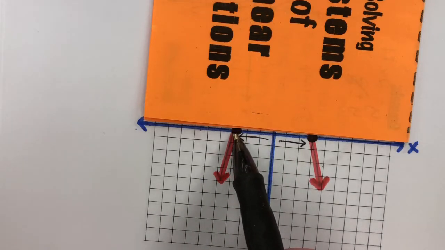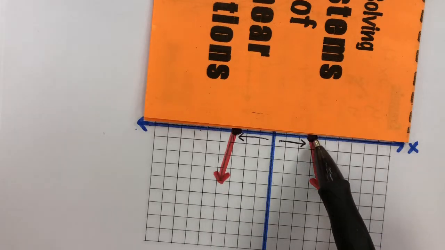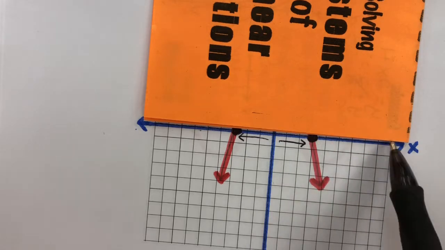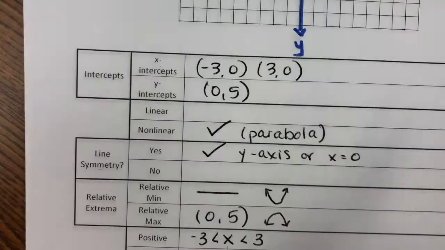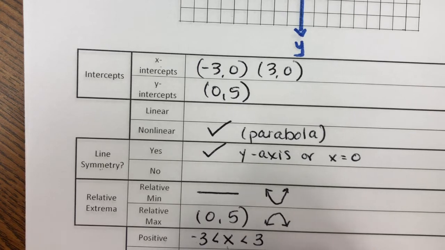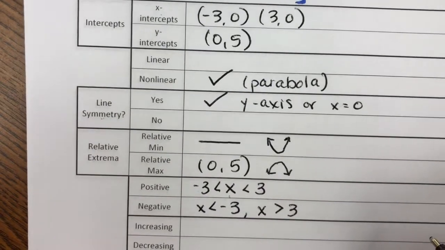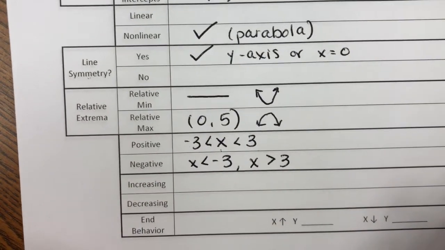So when x is less than -3, if it's anything over here, my graph is below. When x is greater than 3, to the right of 3, it's below as well. So I'm going to say x is less than -3, x is greater than +3. That's where my graph is negative.